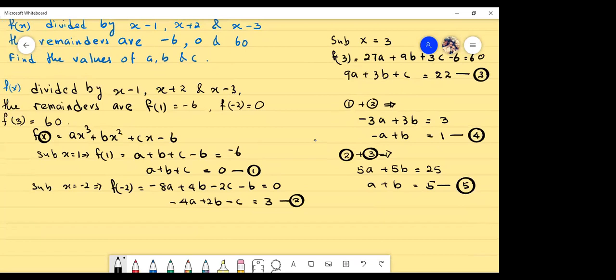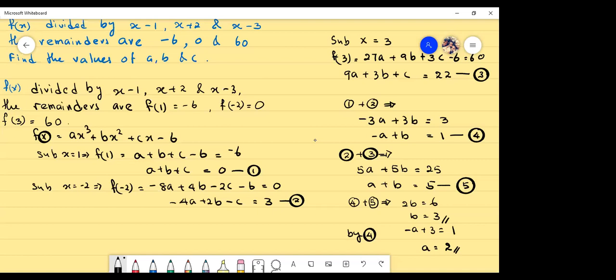So we can add 4 plus 5. Here a cancels, 2b equals 6, b equal 3. Minus a plus 3 equal 1, then a equal 2. b equal 3, a equal 2.